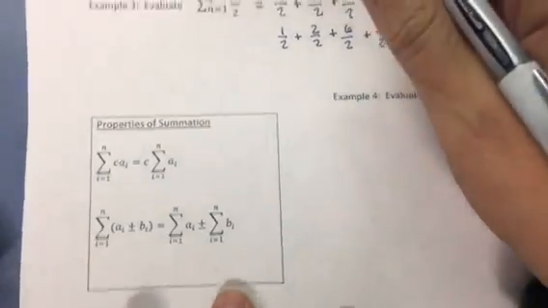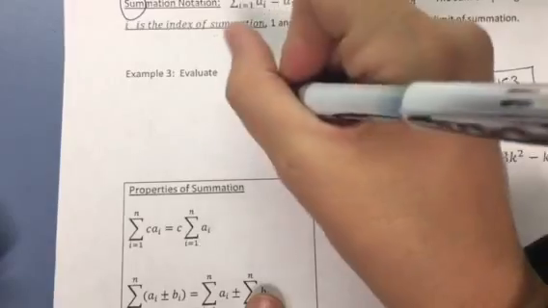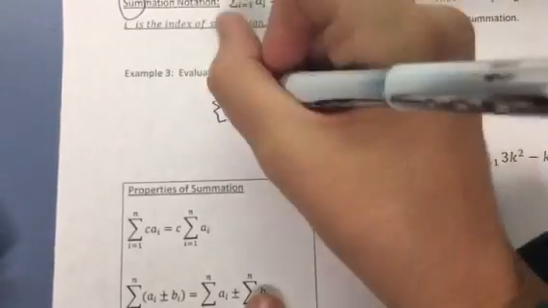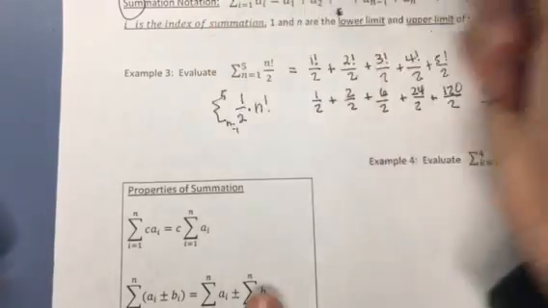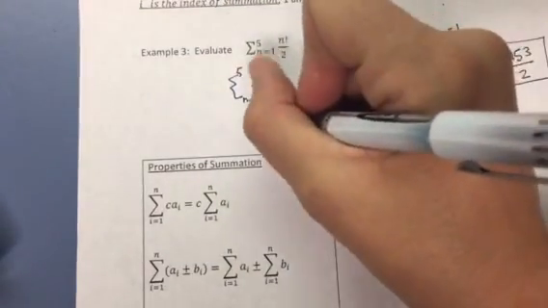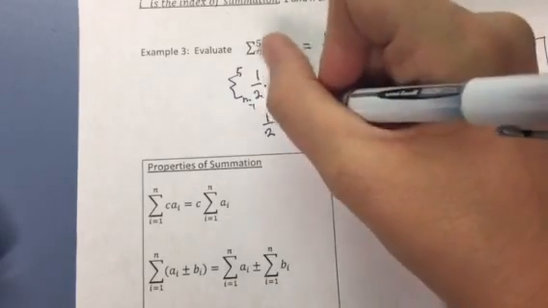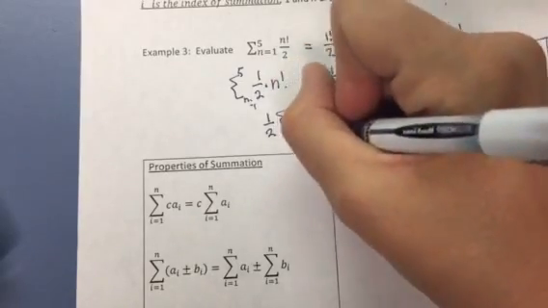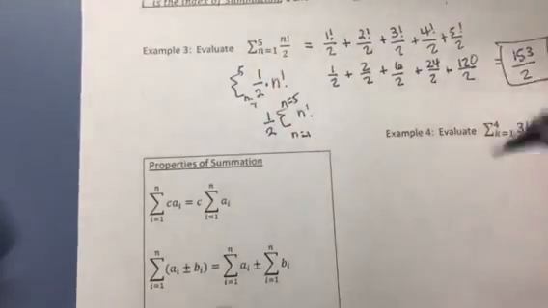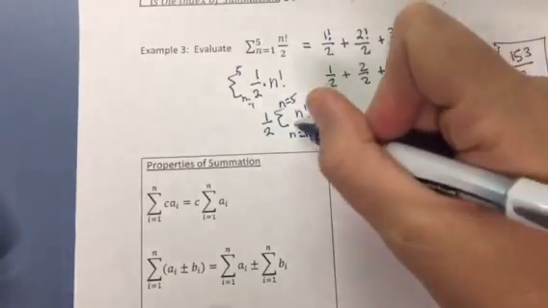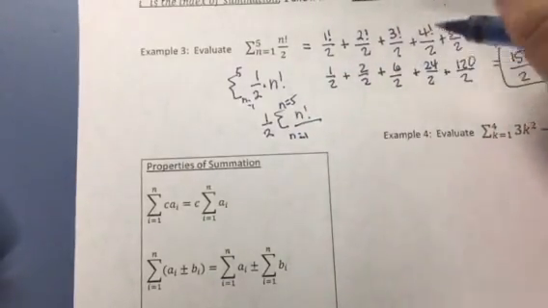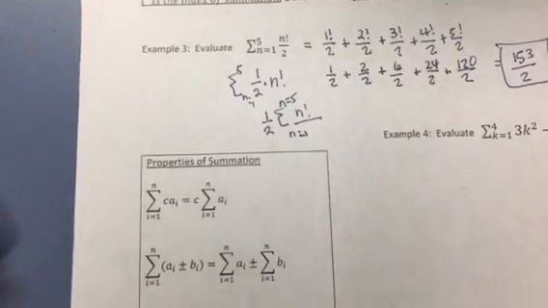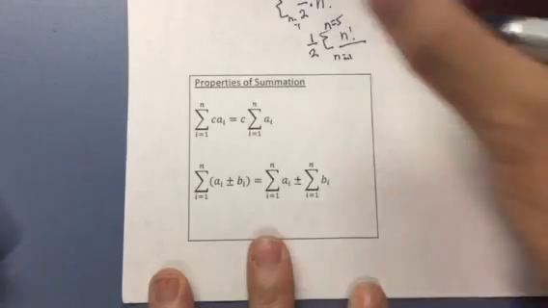So for example, the one we just did, if we had thought of this as 1/2 times n factorial, we could have done it in the order we did, or what we could have done is pulled 1/2 out of that and then done the sum of n factorial from n equals 1 to n equals 5, and at the end multiplied by 1/2. Because when we do that, we're going to get 153, and at the end 1/2 of 153 is still 153 over 2.